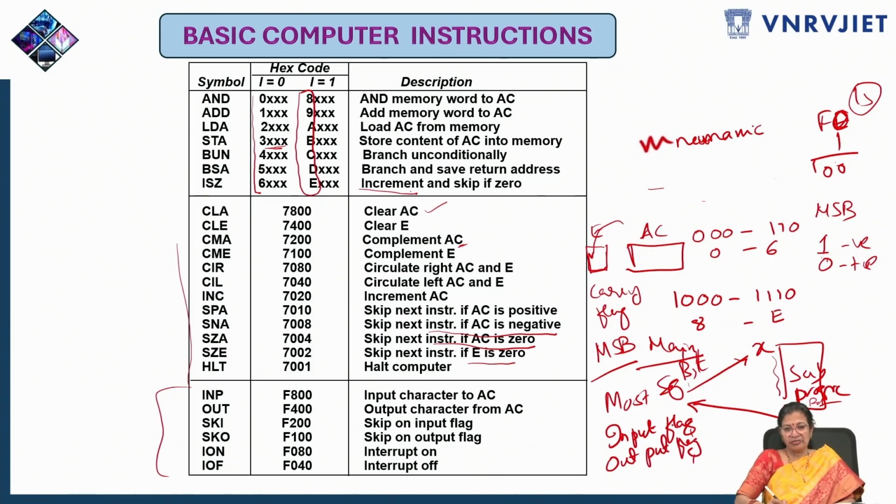The same flag is used as the input flag when performing input operations, and the same flag is used as the output flag whenever performing output operations. So the associated instructions are skip on input flag and skip on output flag. Skip on means avoid executing the next instruction and go to the one after. That is the meaning of skip. Everywhere it is the same.